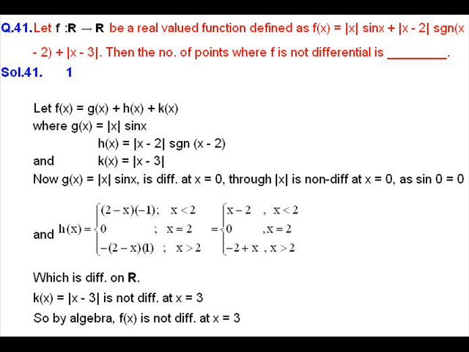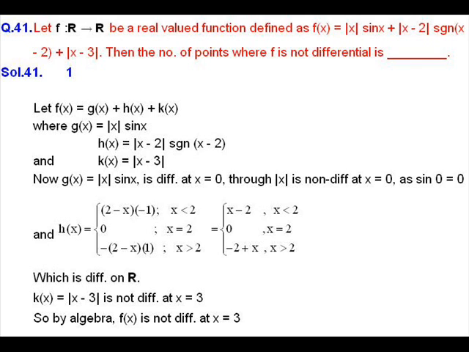Firstly, we will redefine our h function, because h is the product of two functions, mod of x minus 2 and signum of x minus 2. Here both functions are redefined around the point x equal to 2. When we redefine, we have h(x) equal to x minus 2 when x is less than 2, 0 when x equal to 2, and when x is greater than 2 again we have the same function x minus 2.